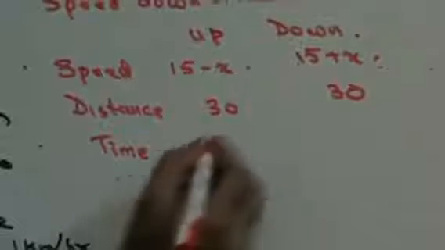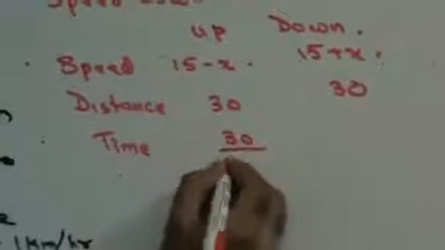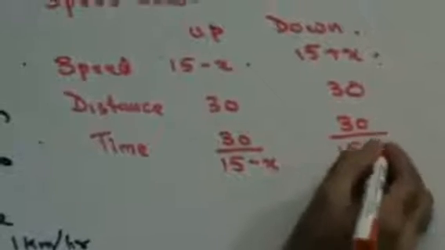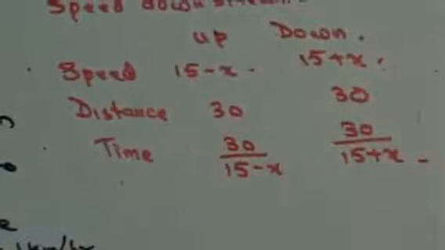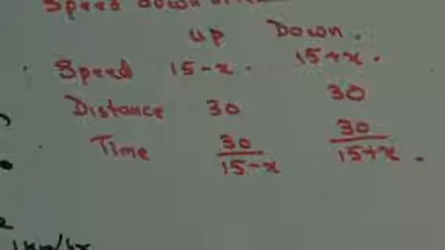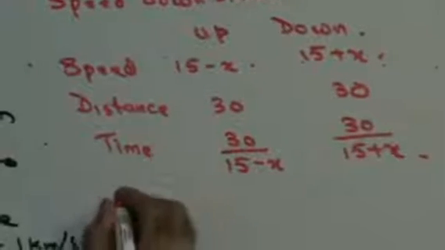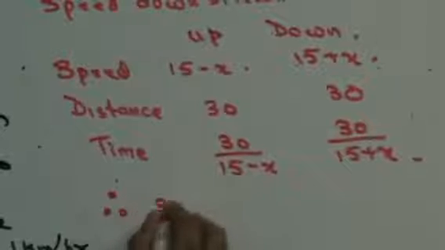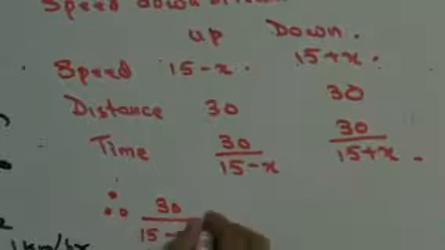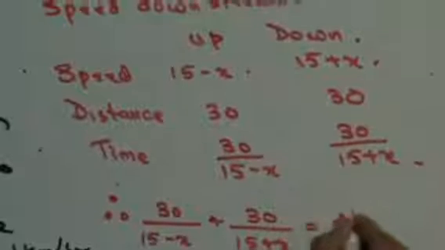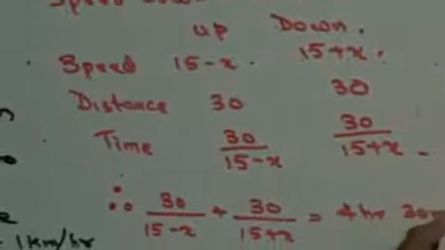Now we know that time is nothing but distance upon speed. So 30 upon 15 minus x and 30 upon 15 plus x. Now they are saying that the total time taken to go upstream and come back is 4 hours 30 minutes. Therefore, upstream time plus downstream time is 4 hours 30 minutes.